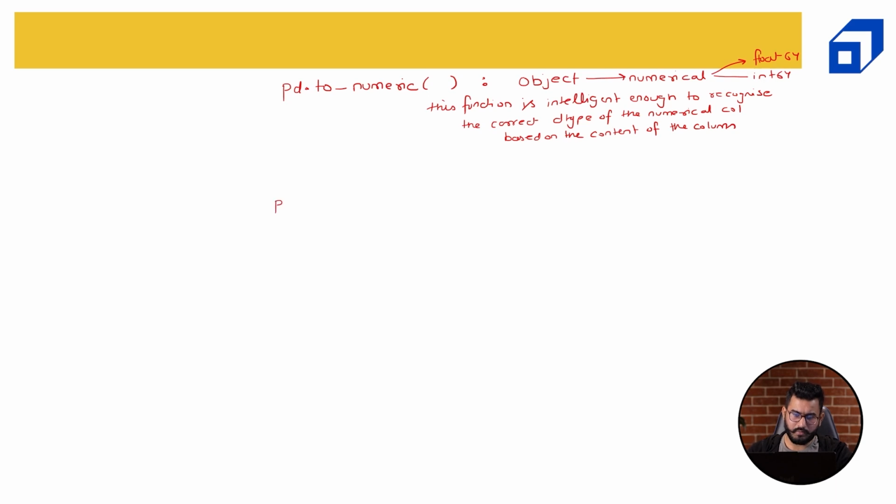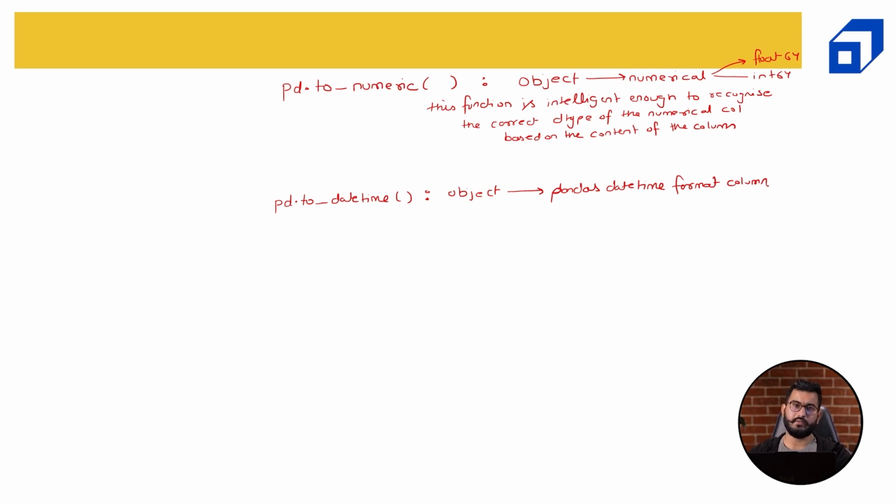There is one more function, which is known as pd.to_datetime. The objective of this function is to convert the object column into a Pandas datetime format column.